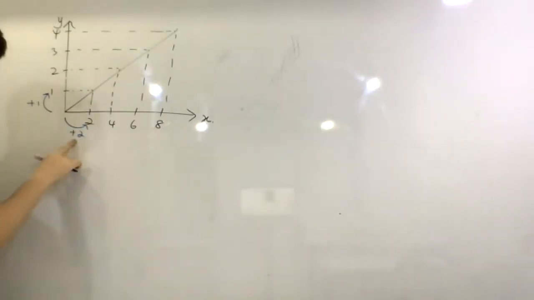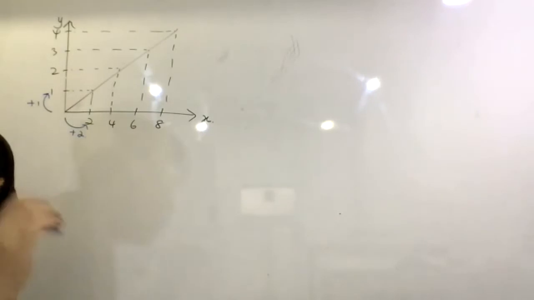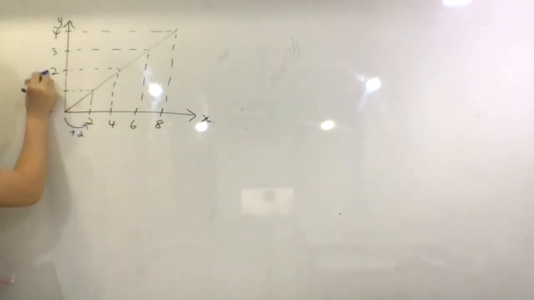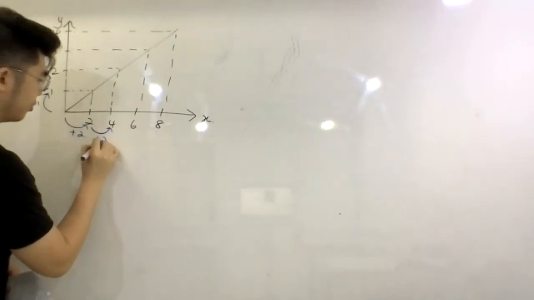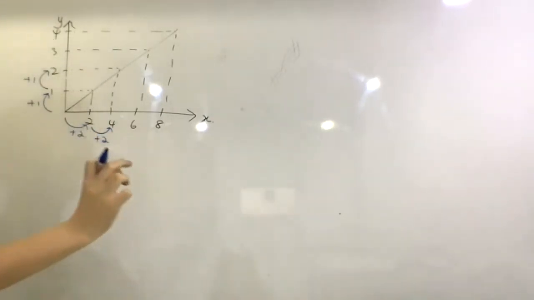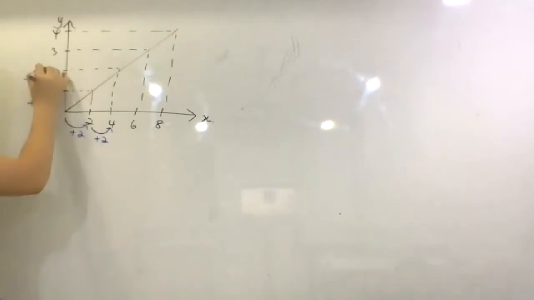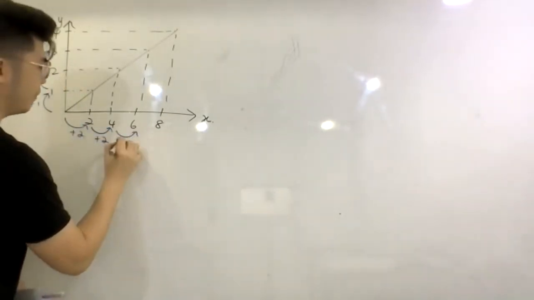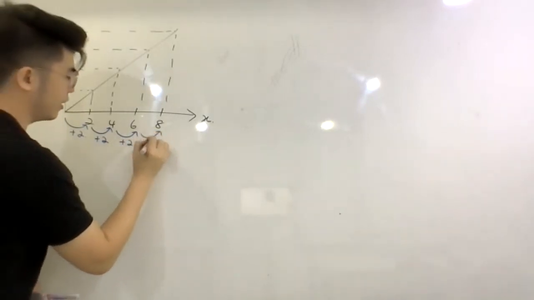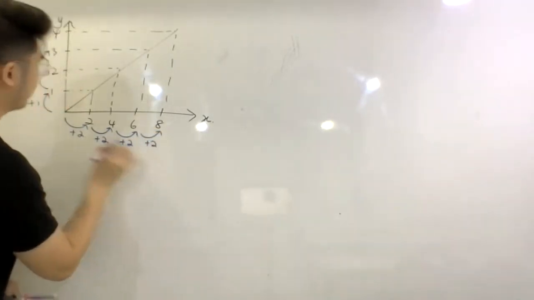This one does not necessarily have to be plus 1. But if I plus another 1, then this one is the same, plus 2. It remains the same change. Again, I go up here, plus 1. This one goes here, plus 2. It keeps on going, plus 2, plus 2, plus 2.